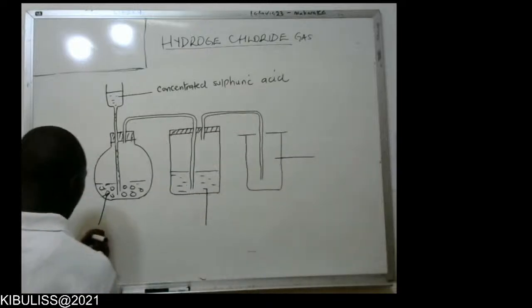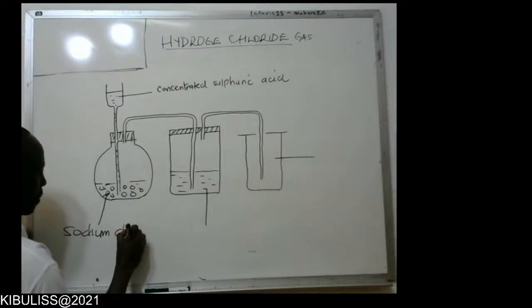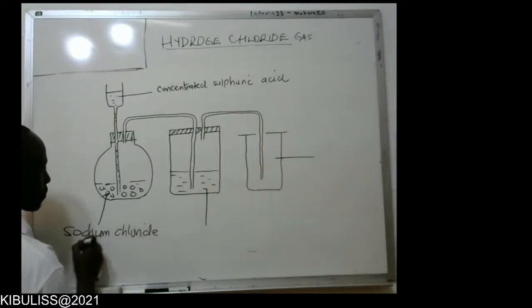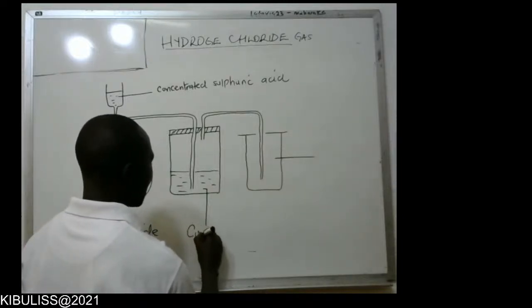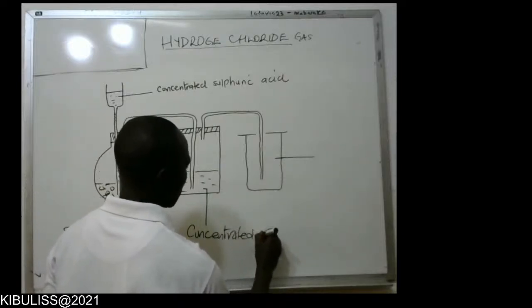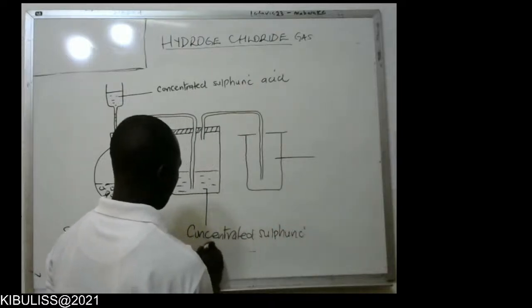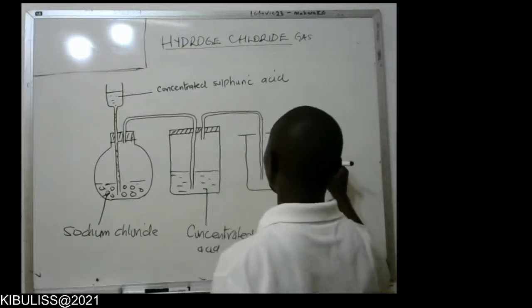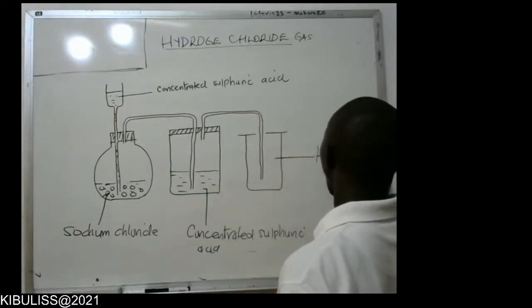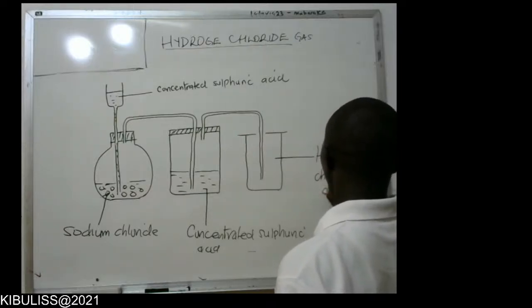So this should be my sodium chloride. This is again our concentrated sulfuric acid. And this is our hydrogen chloride gas.